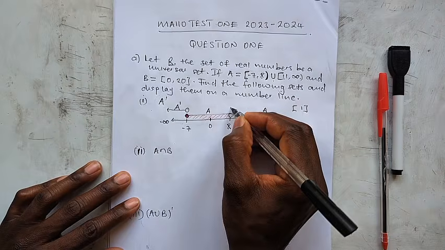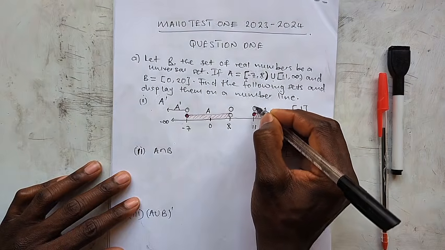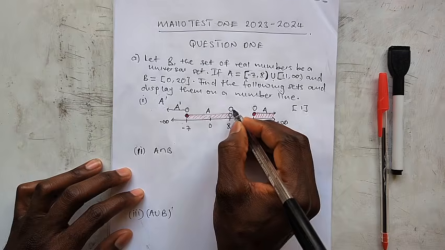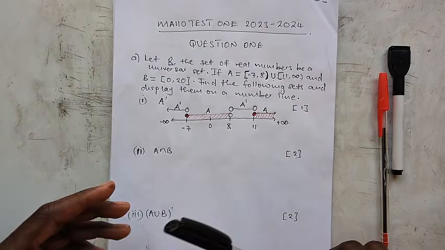Same applies when you jump starting from 8 all the way up to 11. All the elements in the middle here, they also do belong to set A complement.